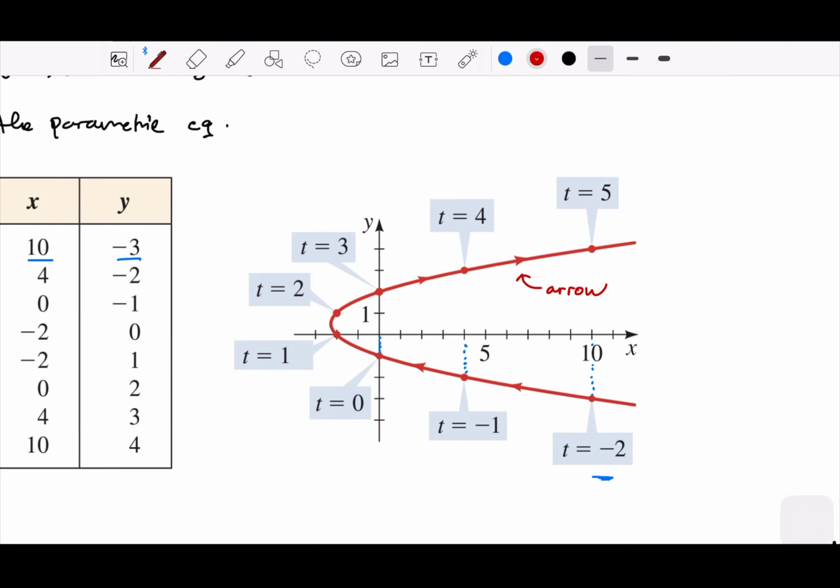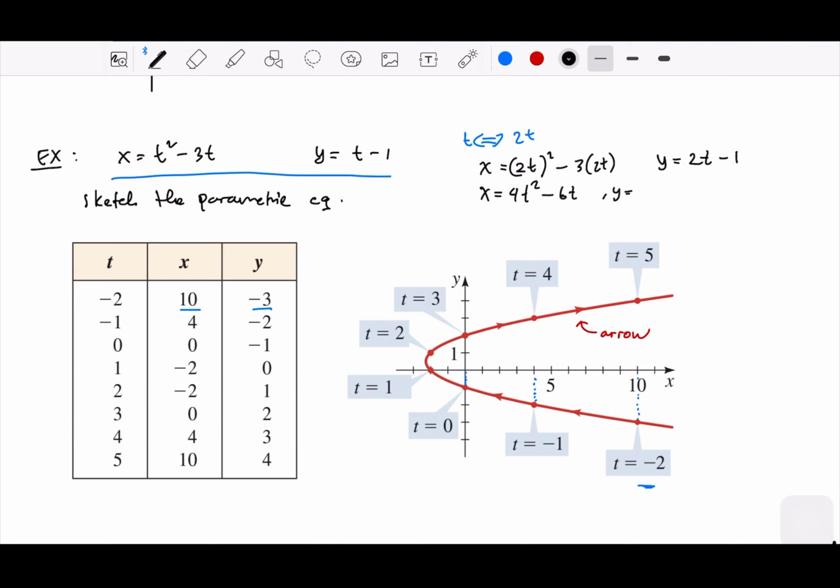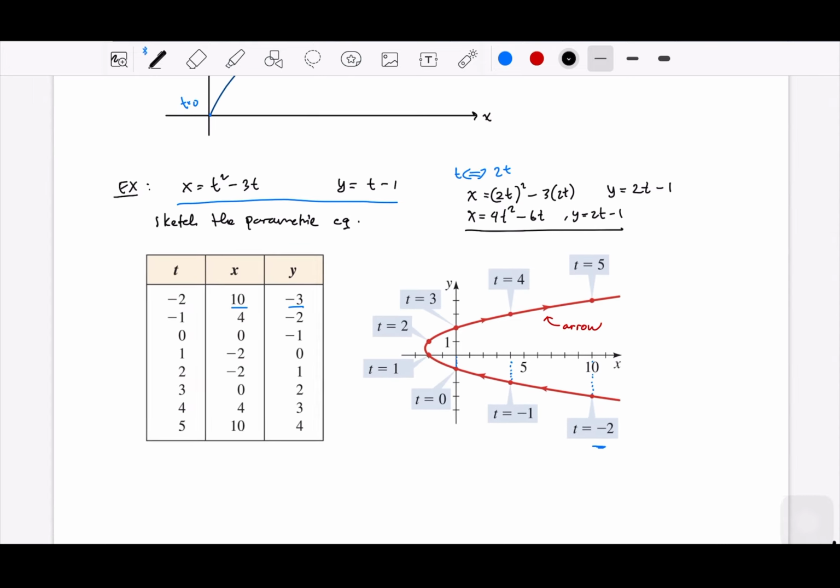And then if we replace t by 2t, x becomes 2t squared minus 3 times 2t, and y becomes 2t minus 1. Let me write here in the next page.